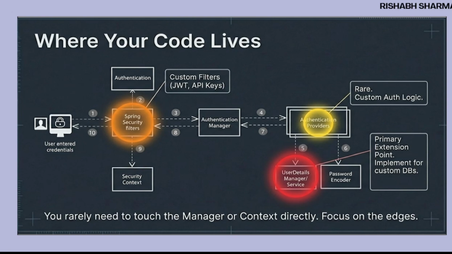What you rarely touch is the authentication manager and the security context. Here is the important architecture point: you rarely modify the authentication manager, and you rarely modify the security context. These are infrastructure components.